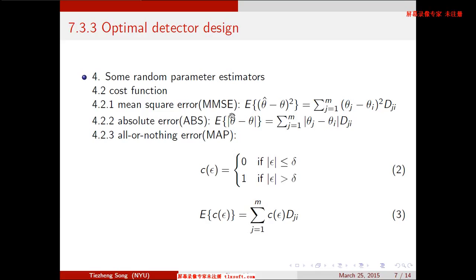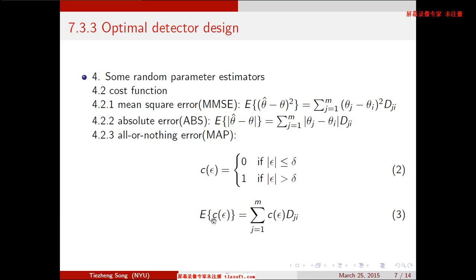So this is the absolute error estimator. The third one is the MAP estimator, which means the maximum a posteriori. This is the all or nothing function.